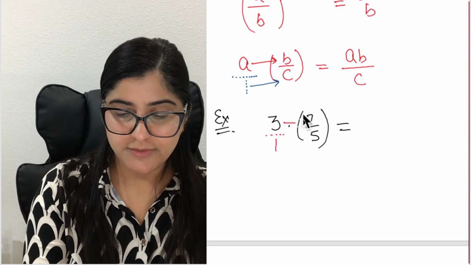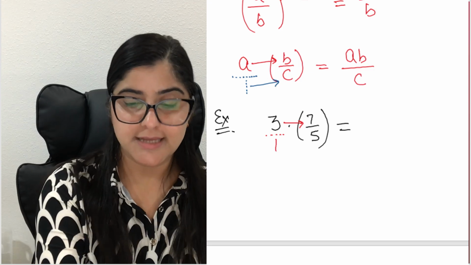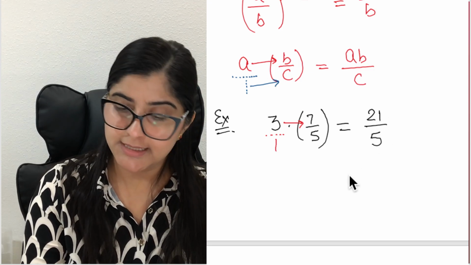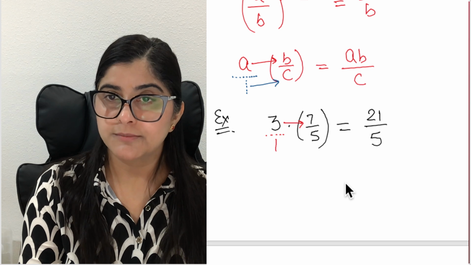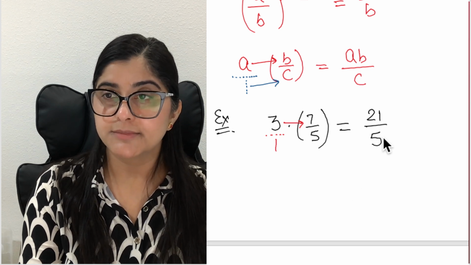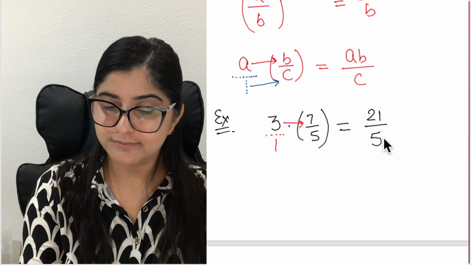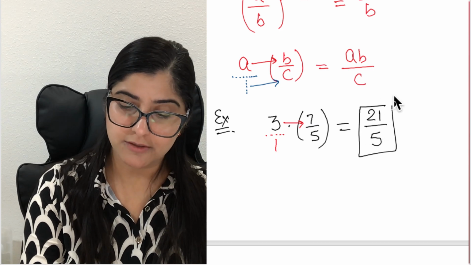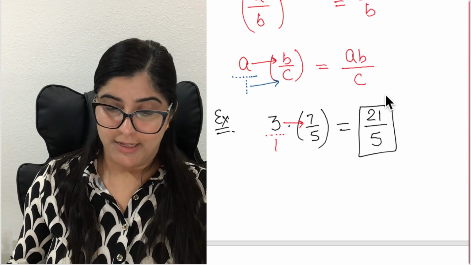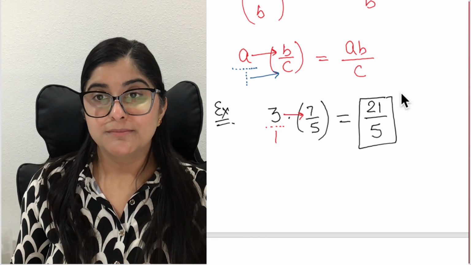Otherwise, you know that we will just multiply this 3 by 7. We get 21 and 5 is as it is. Now, before you stop, just ask yourself, is there any common factor between 21 and 5? No. If not, then just stop here and say this is our final answer. So this is all about the multiplication.